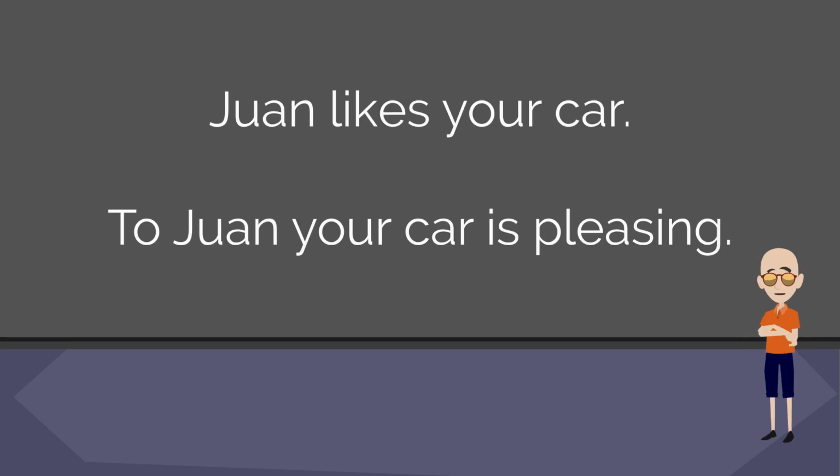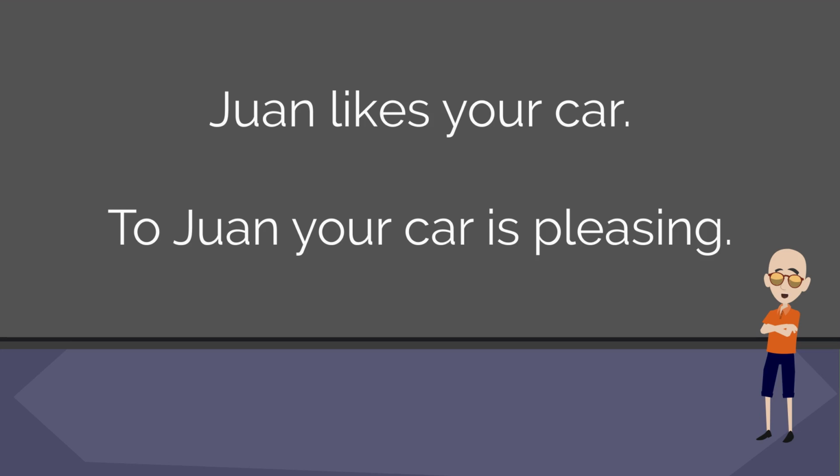As I mentioned in the last lesson, there's no verb in Spanish that's exactly like our English verb to like. So that means that we're going to have to change the way we think of the sentence. Now, what we're literally translating is, to Juan, your car is pleasing. Well, we already know that we're going to be using gusta because it's describing the car. That's the subject of the sentence.